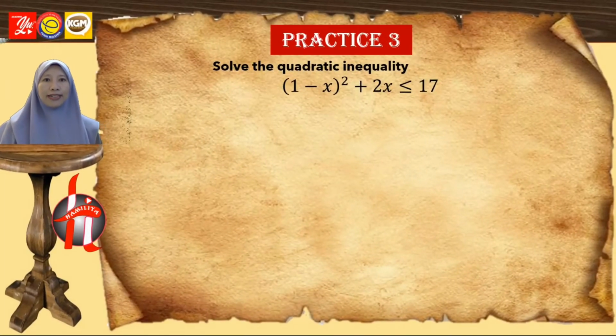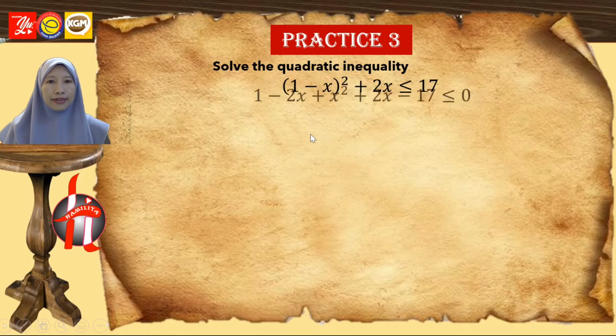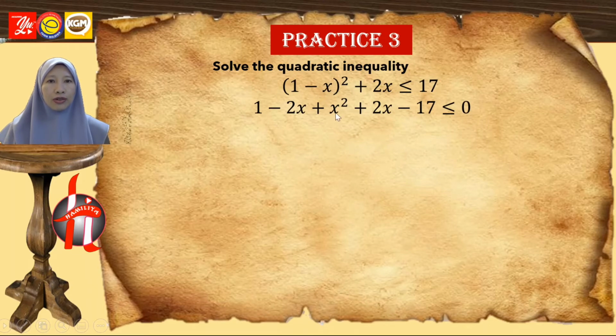Let's look at practice number 3. We have to expand this bracket first. So we square this, equals to 1, and then you square this one, equals to plus x squared. Then you multiply 2 times 1 times -x, you get -2x.